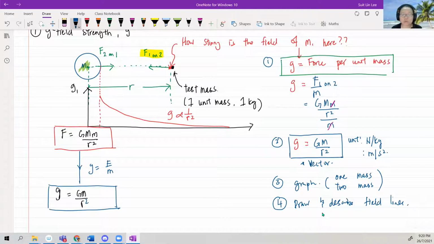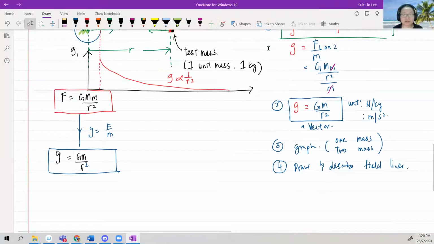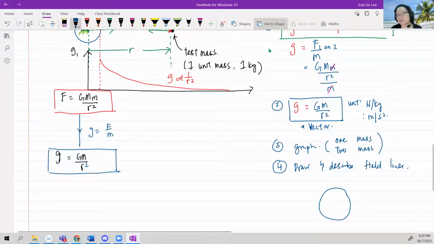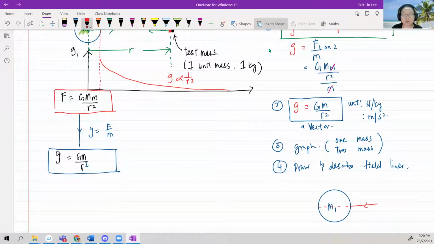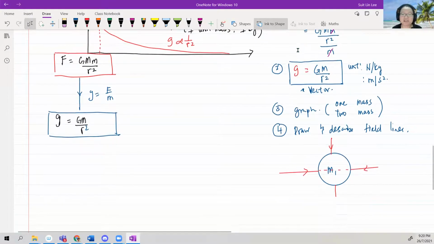Okay, so when we talk about drawing and describing field lines, let's go down a bit. I am talking about the standard one. You have a little planet here, M1. Okay, and then you have these field lines that are normally radial. You can see. And it's always directed inside. Always think about field lines as the arrow signs for the lost people.